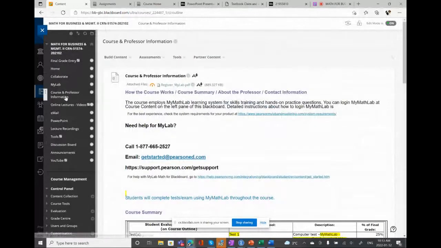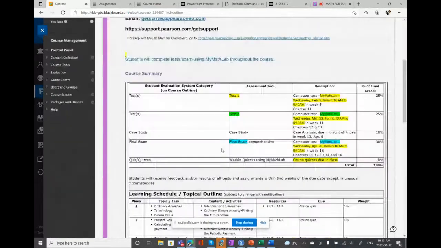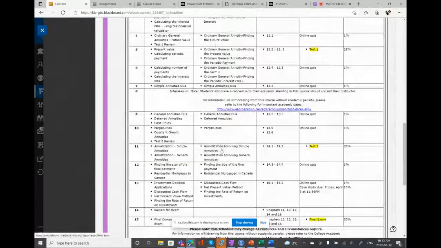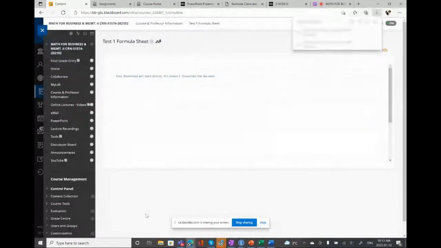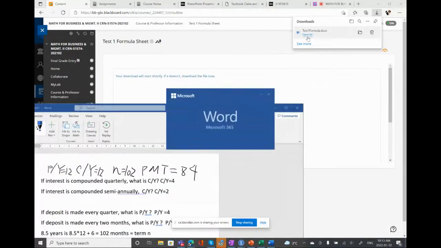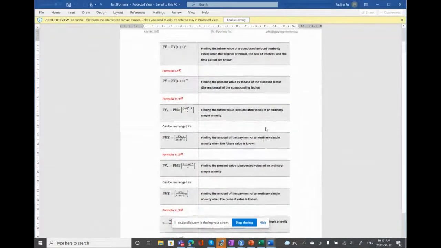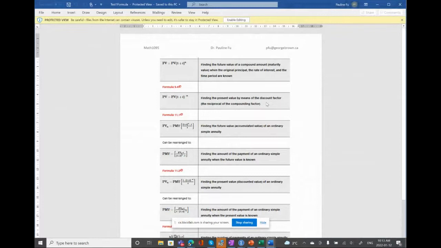Under the course and professor information. Course and professor information. Okay, you can double click this one. You get formula sheet for test 1 here. See, this is formula sheet on the blackboard. Okay, thank you for your question.